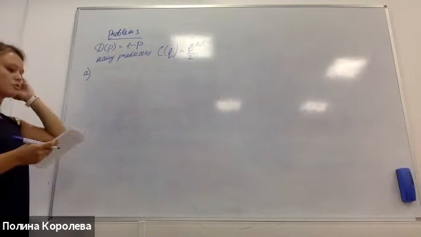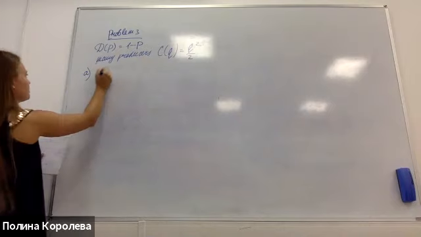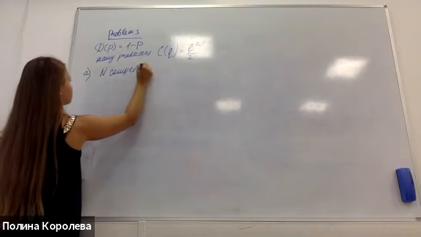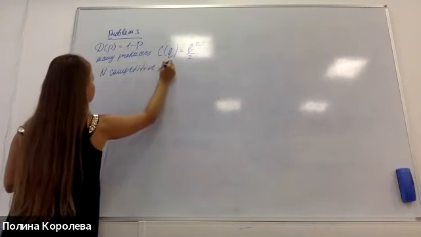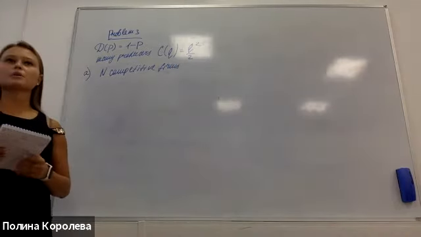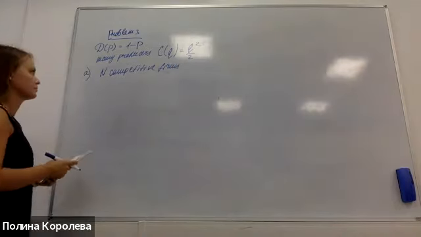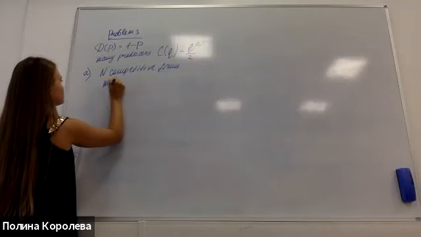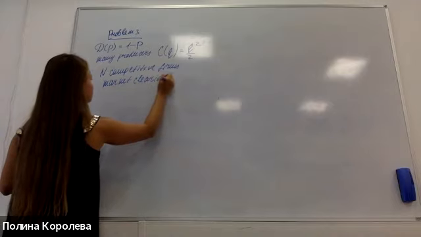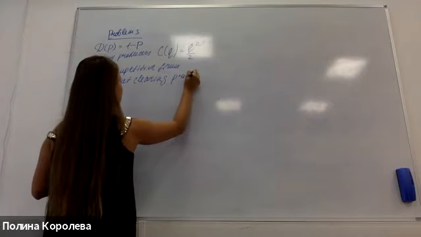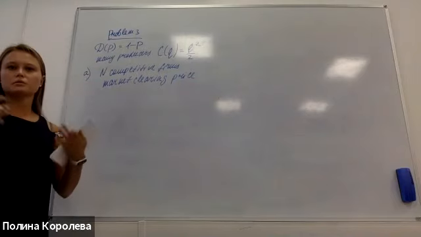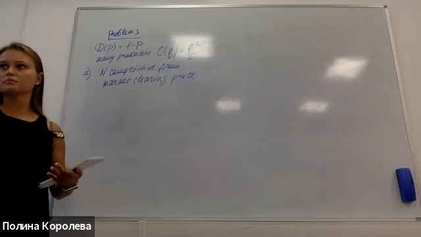In A, we should answer for n competitive firms: what will be the market clearing price? Or rephrase: what will be the market price in equilibrium?